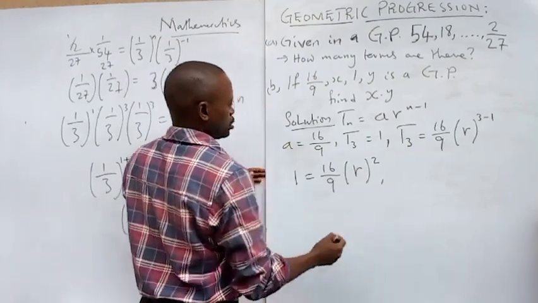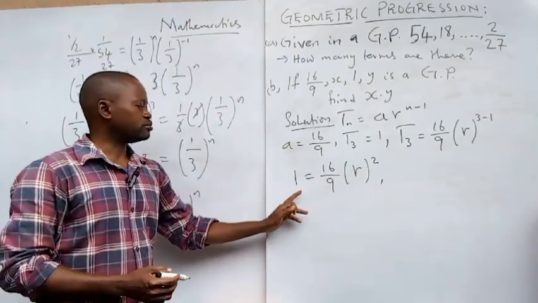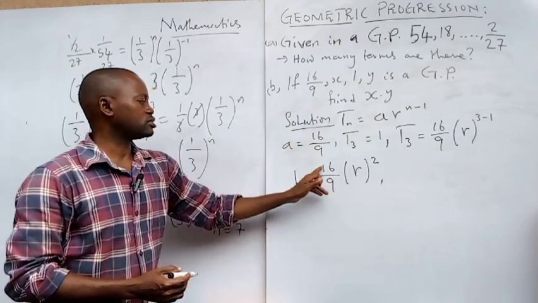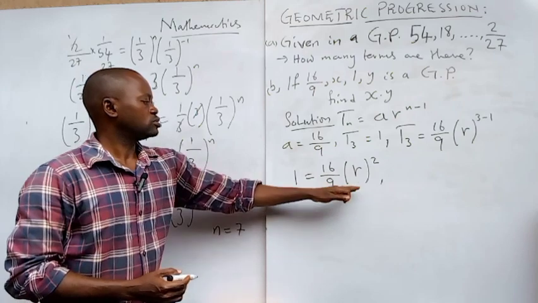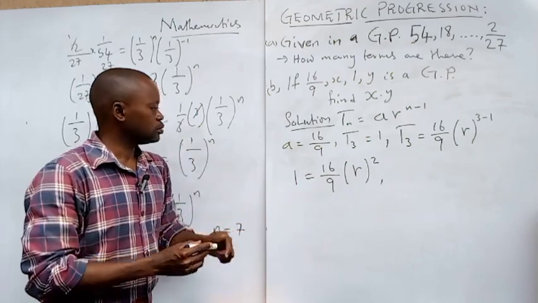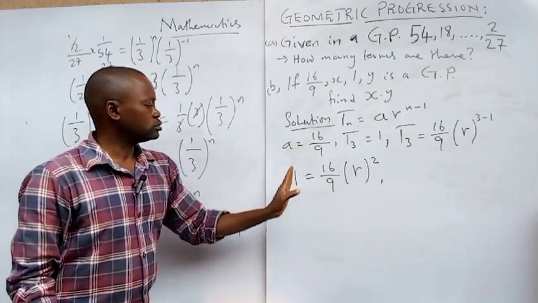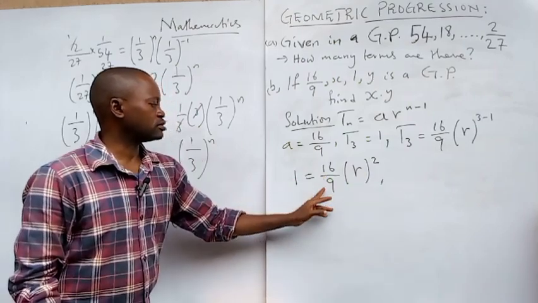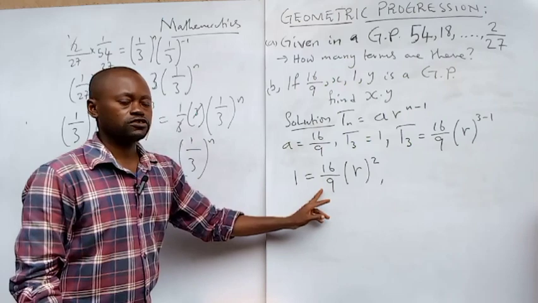Now, as usual, divide both sides by, in fact, multiply through by the inverse of this. So if I multiply both the left hand side and the right hand side by 9 over 16, this will vanish.